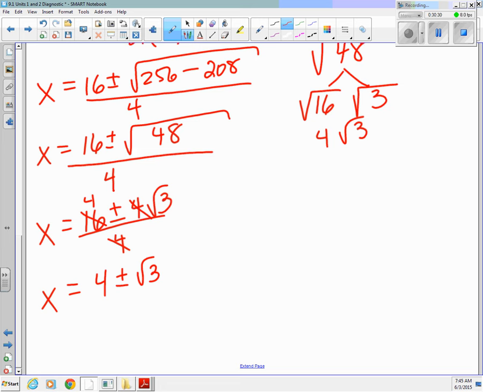It might be helpful to put this in the calculator just to see. Radical 3 is about 1.73. And you can put that in the calculator if you don't trust me on that. If I approximate 4 plus radical 3 by doing 4 plus 1.73, I get approximately 5.73.